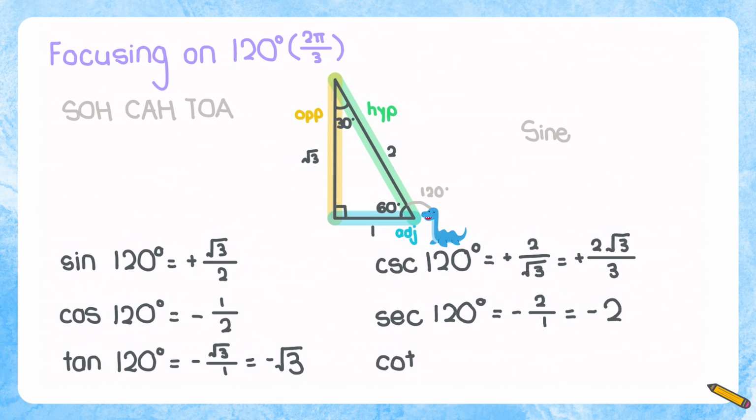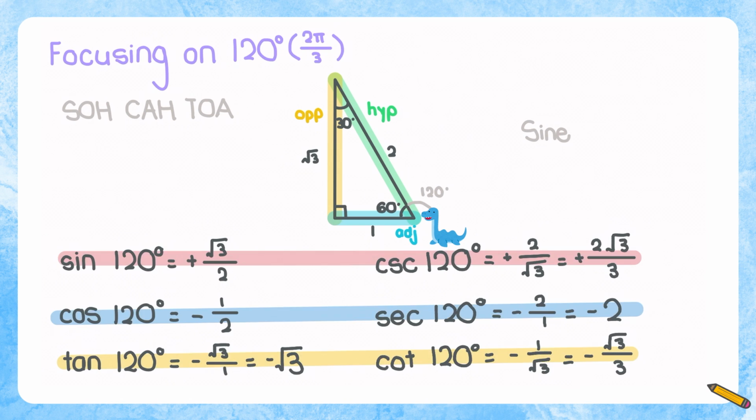And then cotangent of 120 degrees equals negative 1 over radical 3, which is negative radical 3 over 3. So here, only sine and cosecant values were positive. Everything else was negative because we're in quadrant 2.